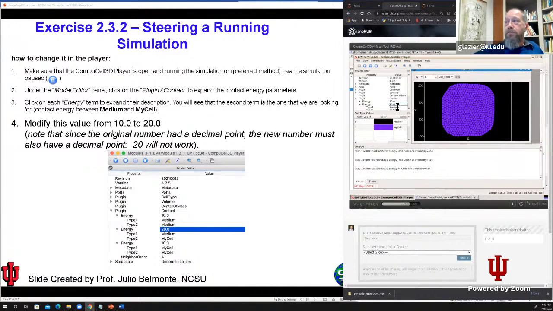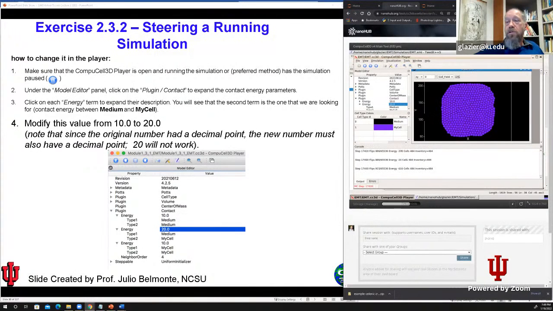Click here, type, and I have to hit enter. And there's a minor warning, which is if this was a decimal, you have to have it be a decimal. If it was an integer, you have to make it an integer. And this has to do with the way XML processes tags. So if you type 10 with no decimal point, it won't work.